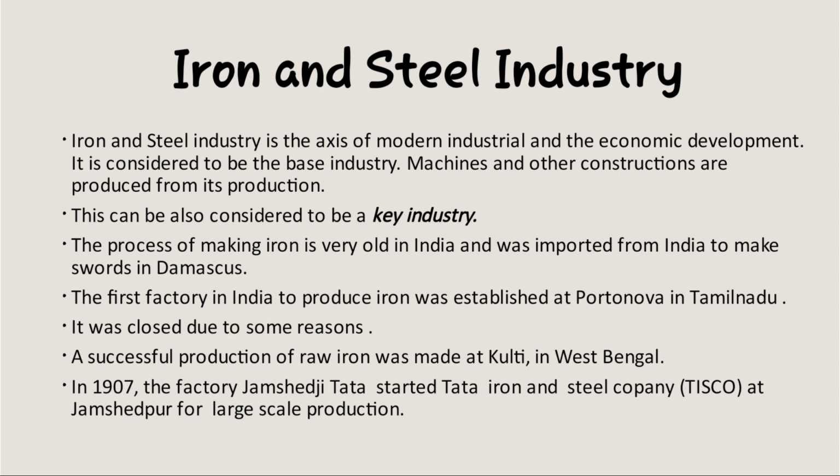In 1907, Jamshedji Tata started the first factory at Jamshedpur called the Tata Iron and Steel Company, TISCO, T-I-S-C-O. They started the large scale production of iron and steel in our country for the first time.